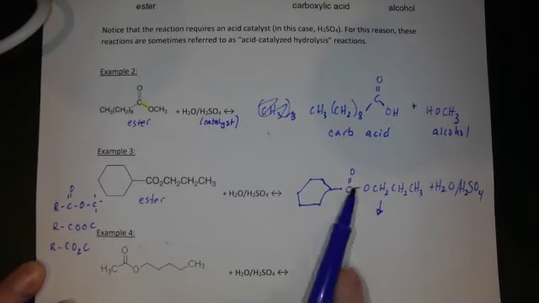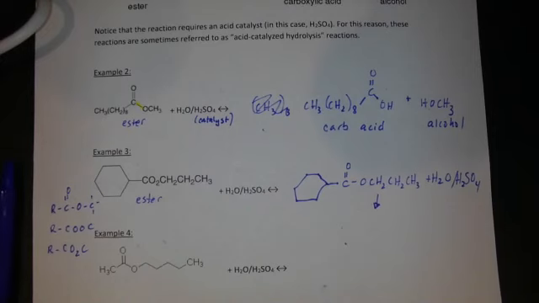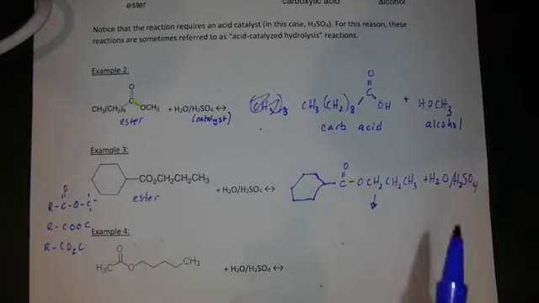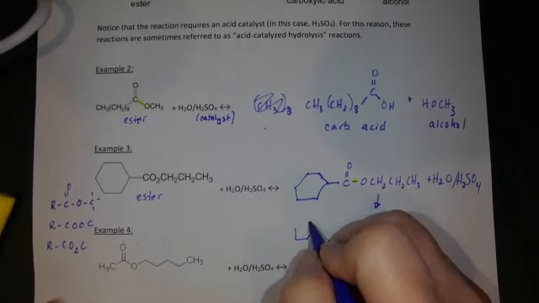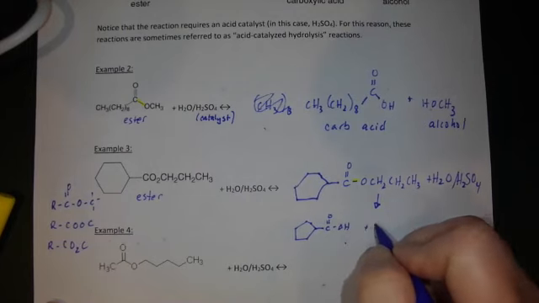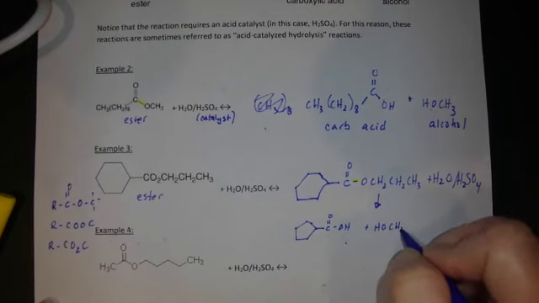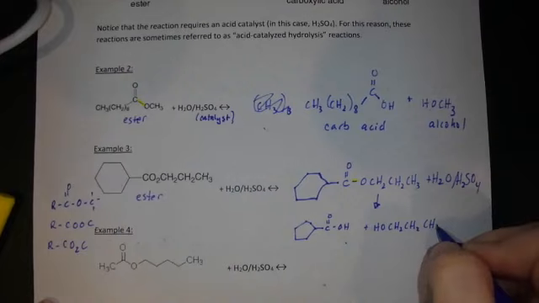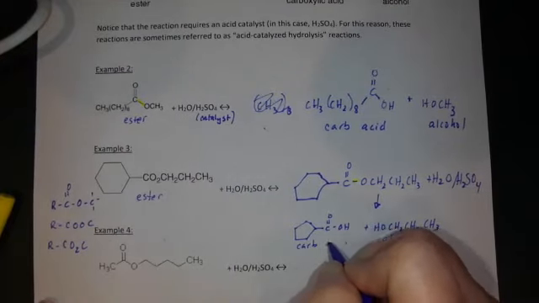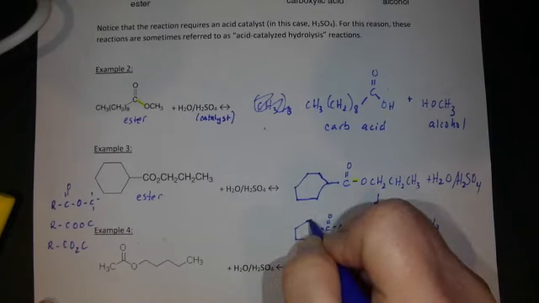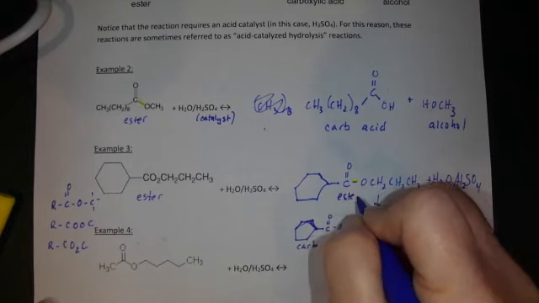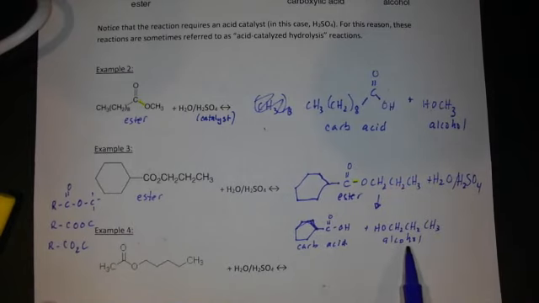That was abbreviated, so I've unabbreviated it, and then we can see that this is the ester bond that will break, and when it breaks, we will get a carboxylic acid plus an alcohol. That's 5. So the ester reacts with water to make carboxylic acid and alcohol.